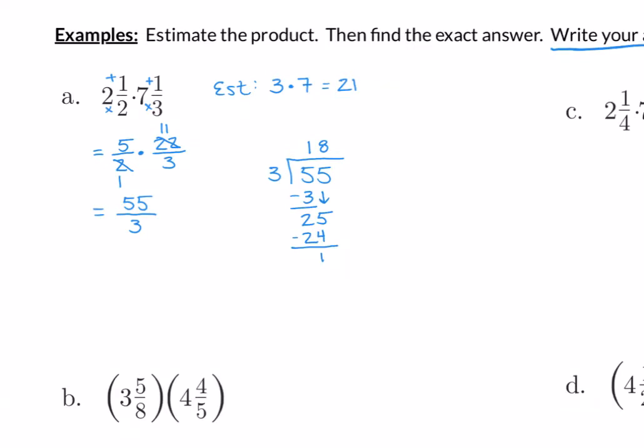Subtract, we get 1. So 3 goes into 55 18 whole times, that's my whole number. My remainder becomes my numerator. My denominator stays the same. Now let's see here, is 18 1/3 close to 21? The answer is yes, so this is correct, or should be correct.